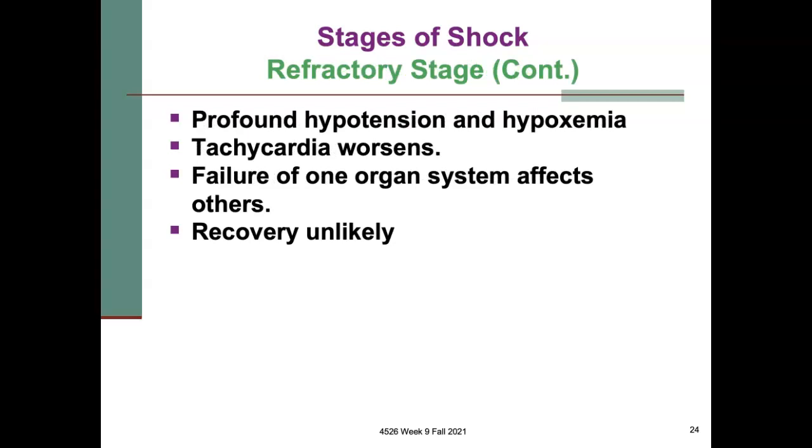So the patient is going to demonstrate profound hypotension and hypoxemia, as well as organ failure. And in this stage, recovery is unlikely. You have failure of the liver, the lungs, and the kidneys, and that will again accumulate waste products such as lactate, urea, ammonia, and carbon dioxide.